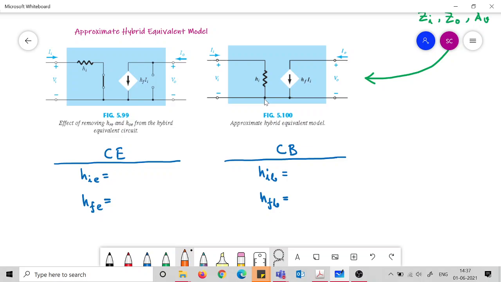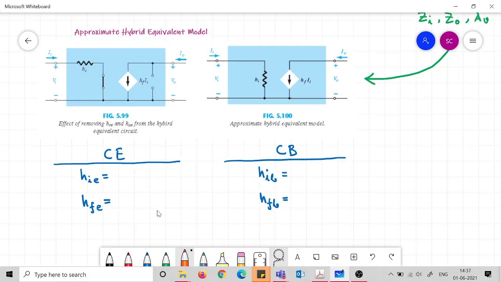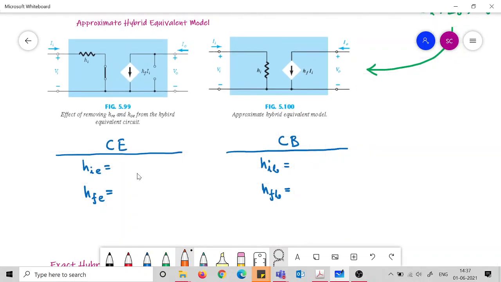That would be the same as HIE. And here in terms of IE or IB, there was a current appearing here. So what would be the HFE? That also you can say. So can someone give me this, what would this be? What is HIE?